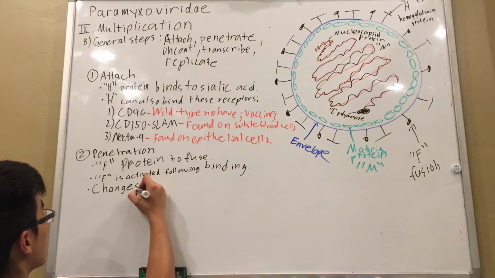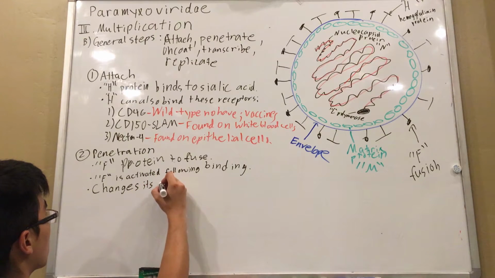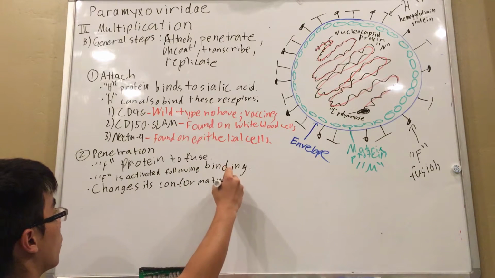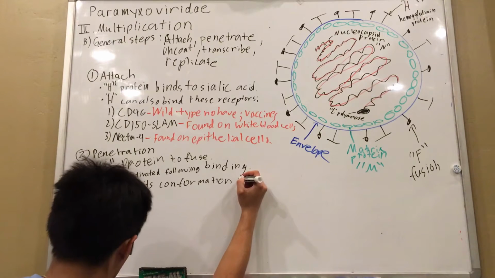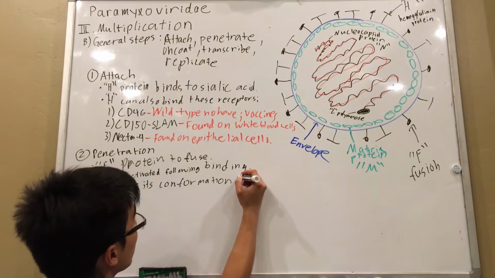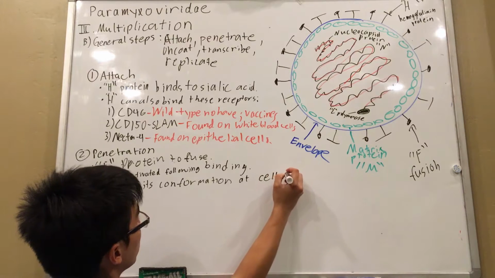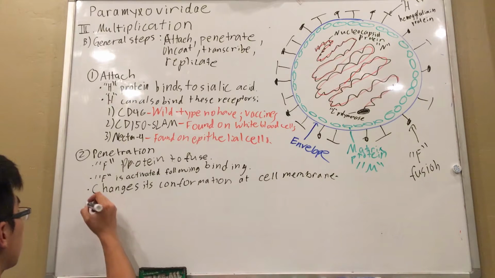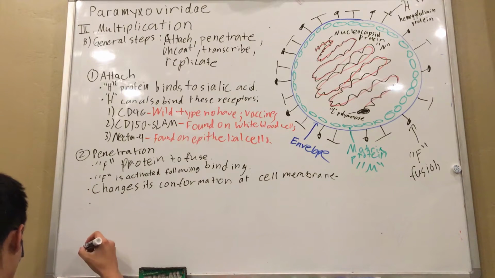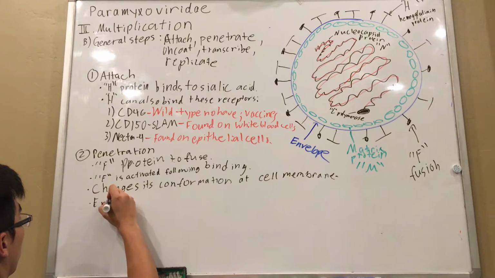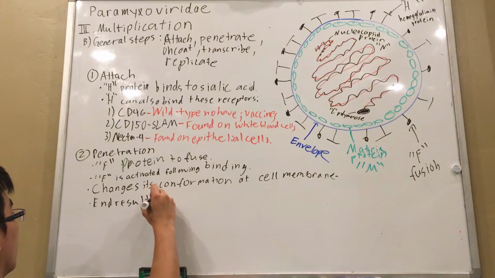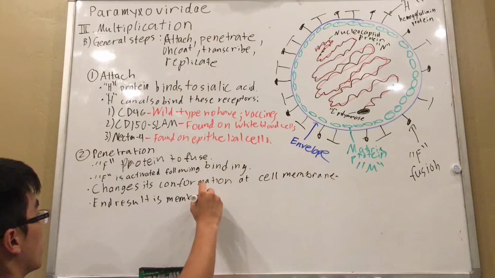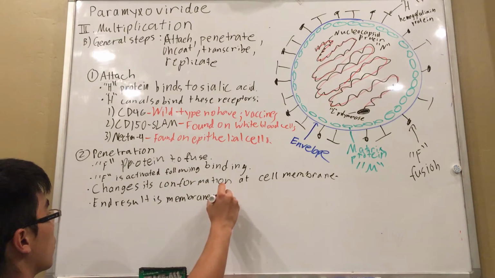Basically, F changes its conformation at the cell membrane. And the end result is membranes fuse.